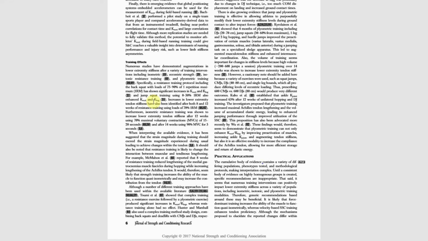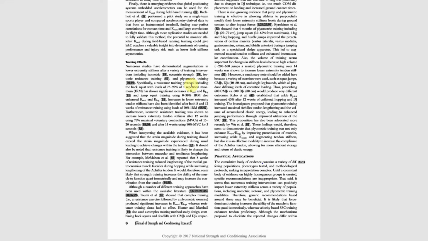Specifically, multi-joint strength exercises such as squats, deadlifts, snatches, cleans using high loads up to 90% 1RM appear to be required. Additionally, low load, high velocity training may also induce benefits to lower extremity stiffness from exercises such as jump squats using 0 to 30% 1RM.